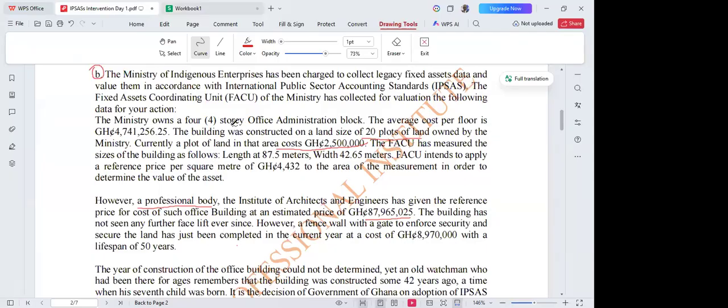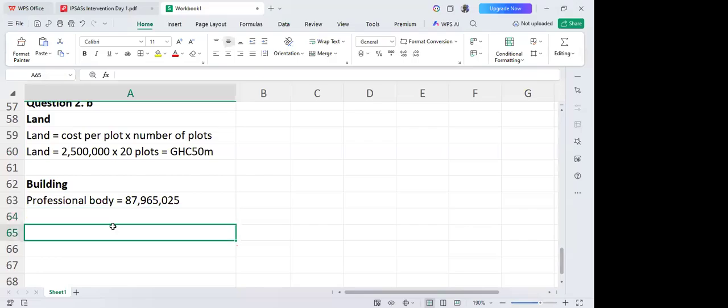Then we also can estimate that using the floor cost. We have been given the average cost per floor, and then we know the number of floors. We said 4. So we can use the floor estimate to do that.